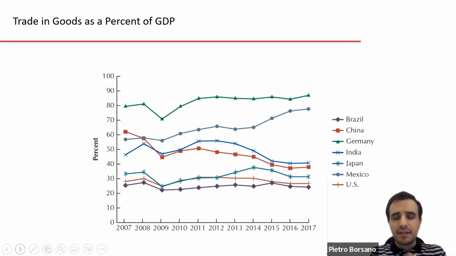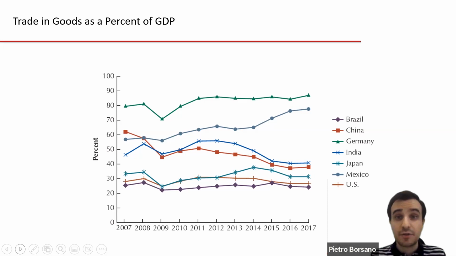Another important figure to analyze is the percentage of goods that are exported. On this chart, we can find figures for manufacturing countries, and we see that some countries, for example Germany and Mexico, export the majority of their products or services.